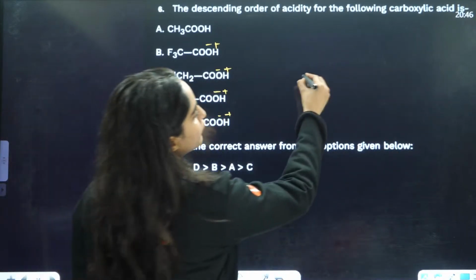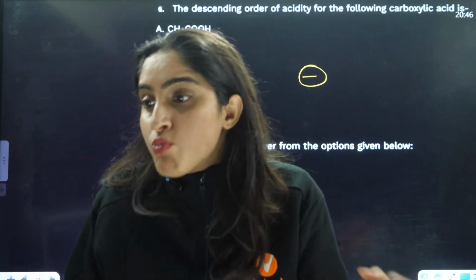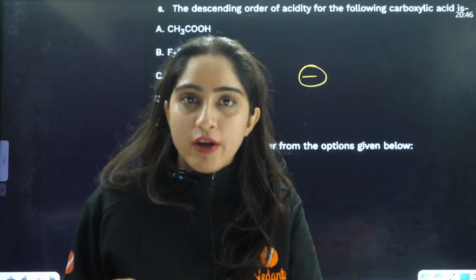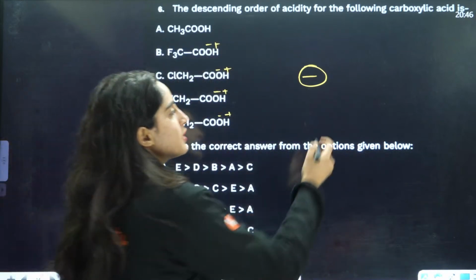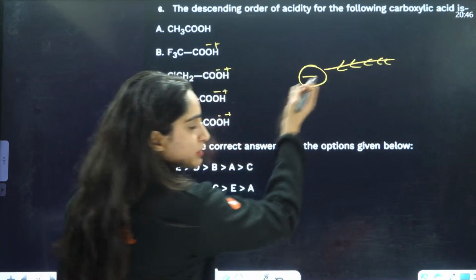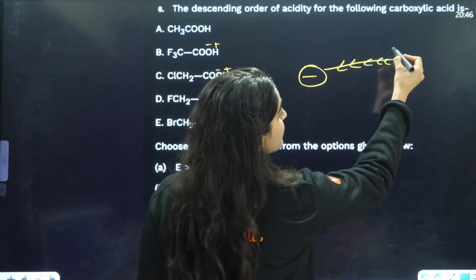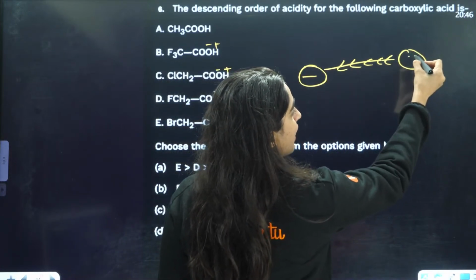Take it as stress. When somebody is giving you more stress, you would want to stay away from them, right? In a similar way, when you're donating electrons here, it will become unstable.